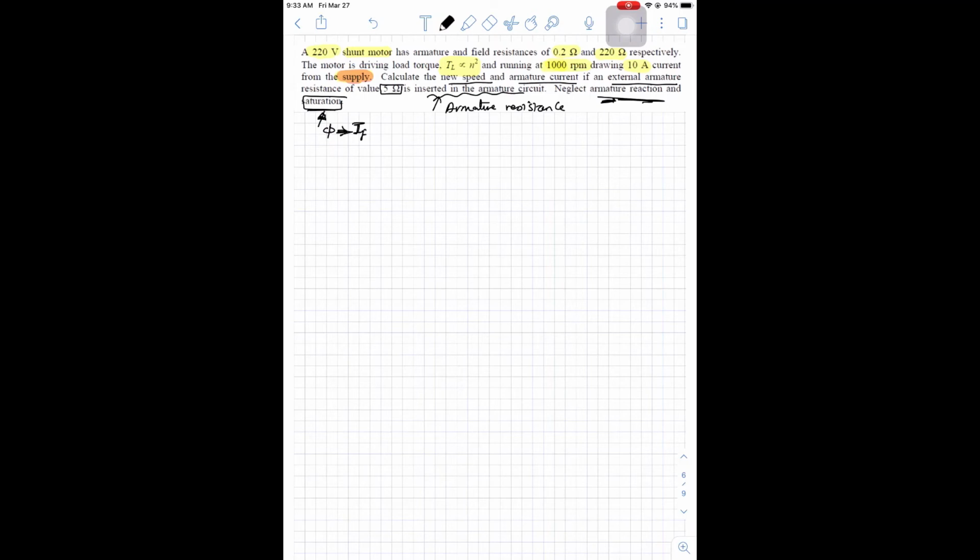Now, how will we solve this problem? We have a DC shunt machine, so let's sketch the machine. This machine is driving a fan load, so the torque is proportional to speed squared. Here we have EA, RA.